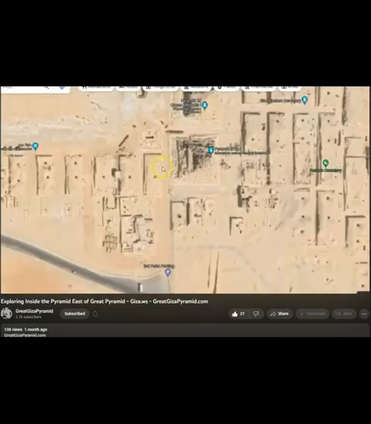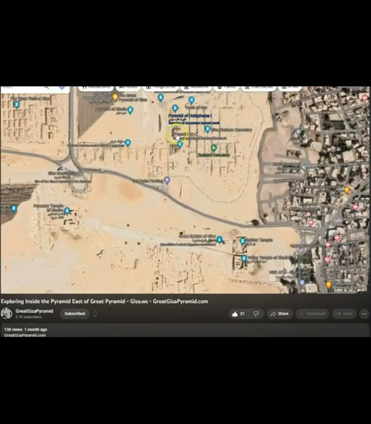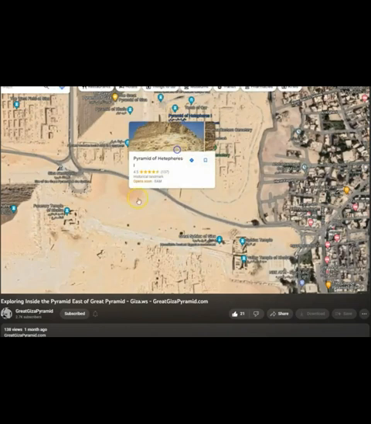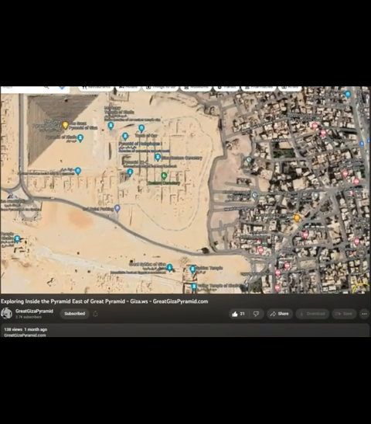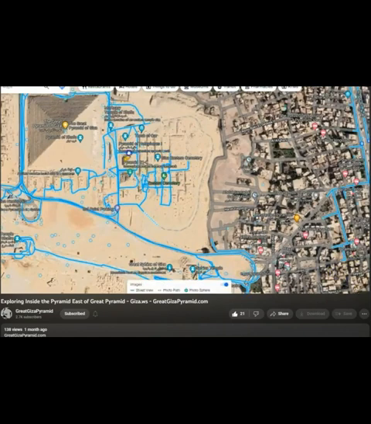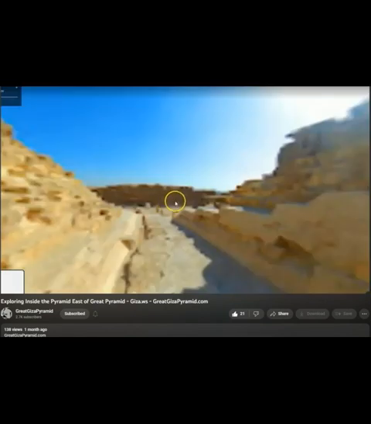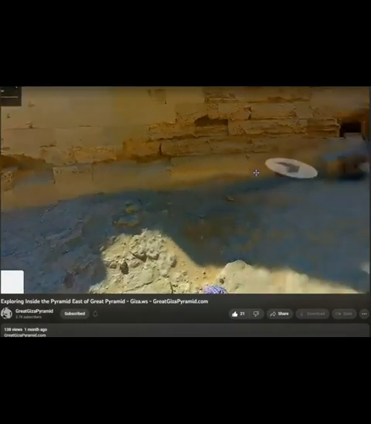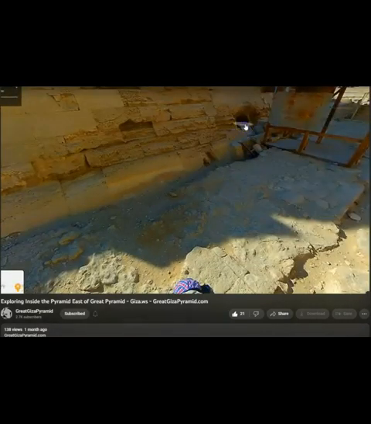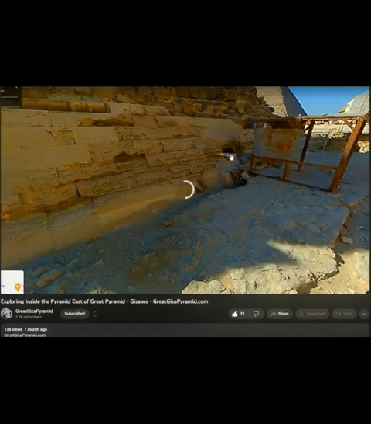When we look at it topology-wise, we're looking at 1, 2, 3. Now, this particular structure, if we take our little Google guy and we drop it here, we can see that on this side, there is an entrance that goes into the structure here.